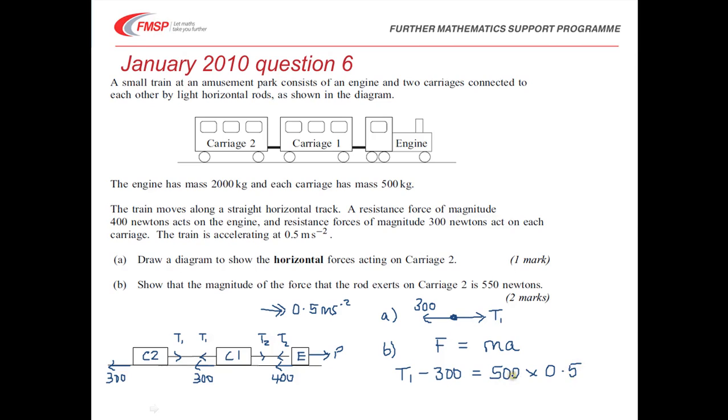So a half of 500 is 250, plus this 300, so this tension is going to be 550 newtons. So that's A and B.